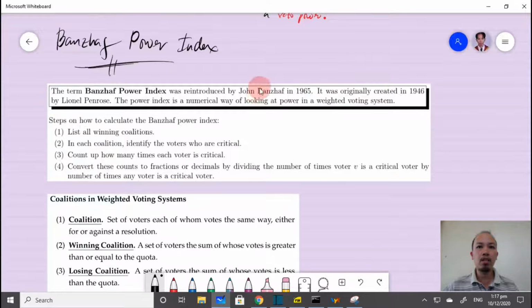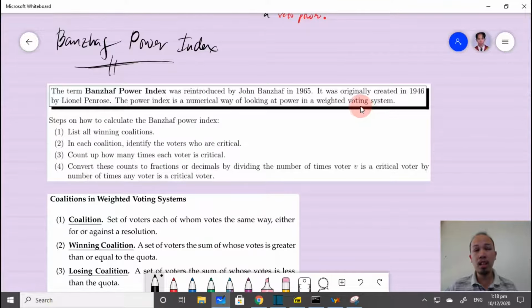This is because this definition was originally created by Lionel Penrose in 1946. The purpose of the Banzhaf power index is that it is a numerical way of looking at power in a weighted voting system.